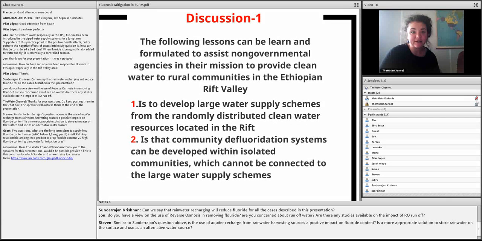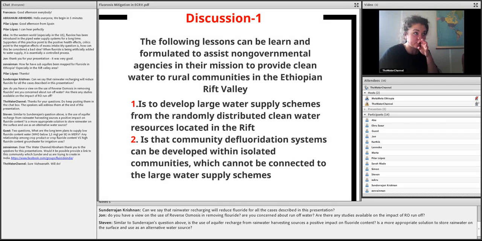There are different lessons that can be learned from these studies. It's important to develop large water supply schemes, because we really saw that they have a lot of potential to supply fluoride-free water to 50 million people living in the Ethiopian Central Rift Valley.